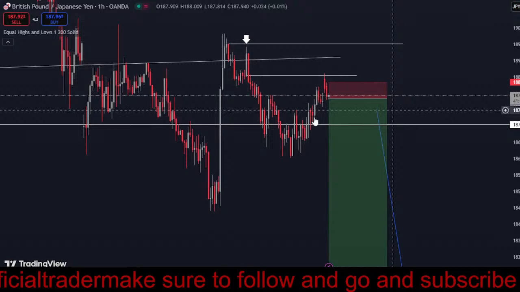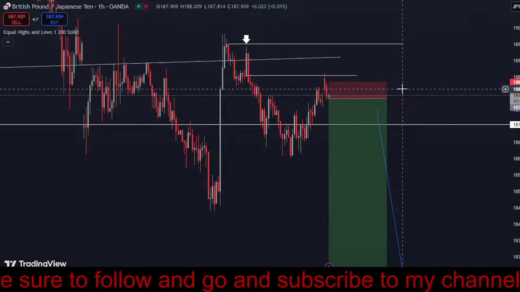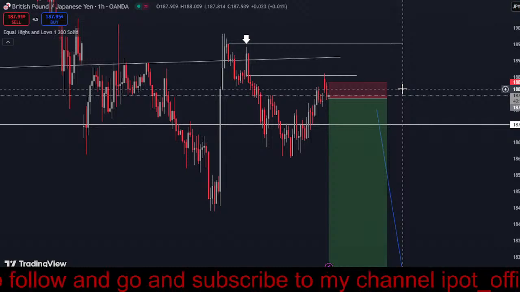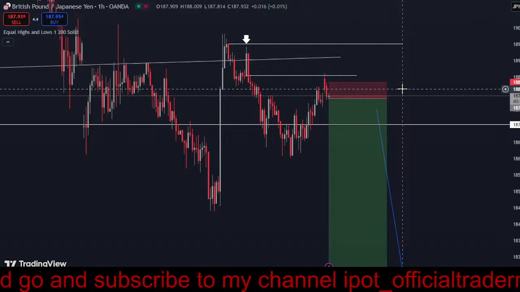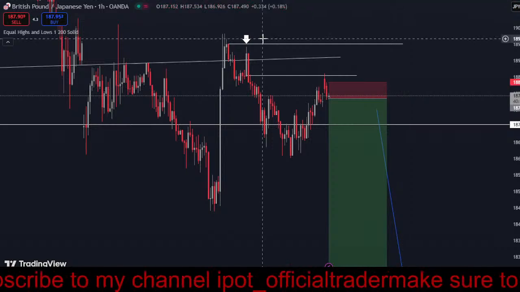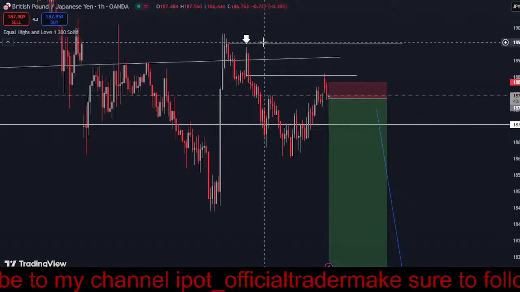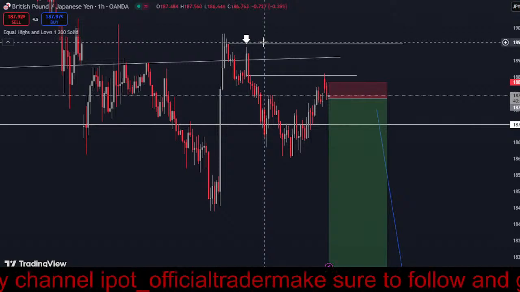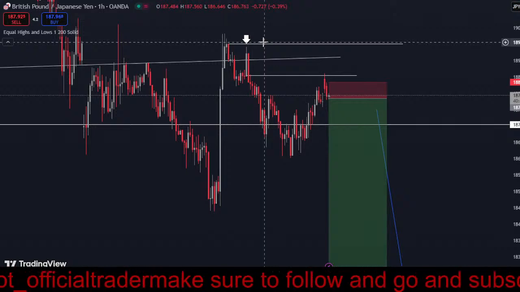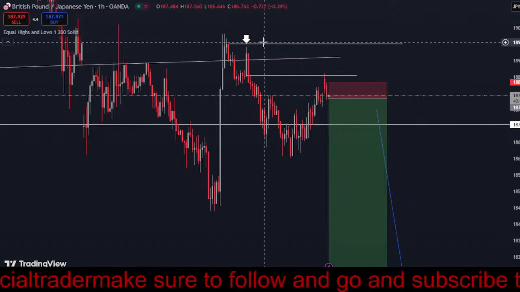So currently you just take the trade on GBPJPY, but honestly my main aim is to see how GBPJPY will then react during Asian session, because this is an Asian pair, meaning that during Asian session, that's where we most likely are going to see GBPJPY be more active. So that's what I'm currently looking at on GBPJPY.